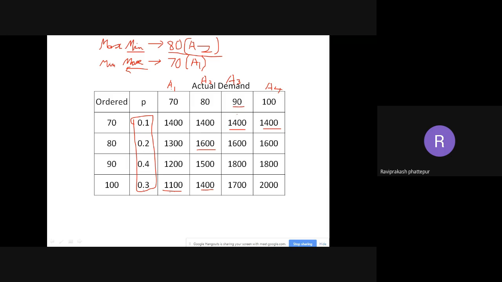Then for alternative 3 the highest is 1800, so 1800 into 0.4. And for the last one the maximum value is 2000, so 2000 into 0.3. Whatever values come, put them there. Then out of those maximum values, find the minimum. Again, Purnima answered with alternative A1, that is 70. I hope now it is clear.